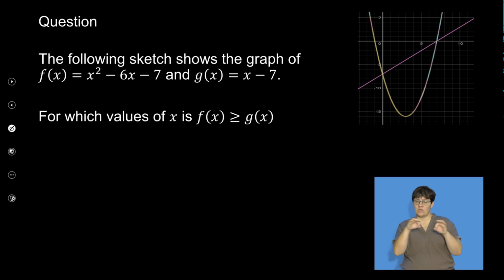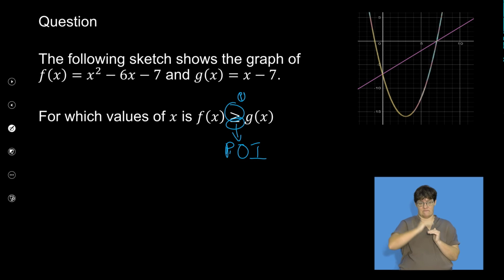For which values of x is f of x greater or equal to g of x? Now, firstly, equal to means where they are intersecting, right? So this is the point of intersection. I will just say it's POI, point of intersection. Then greater than means above, right?